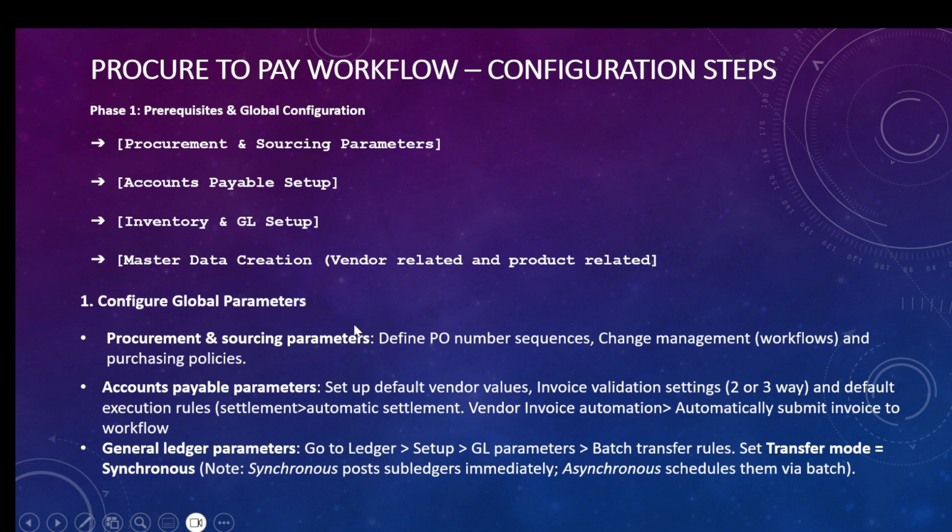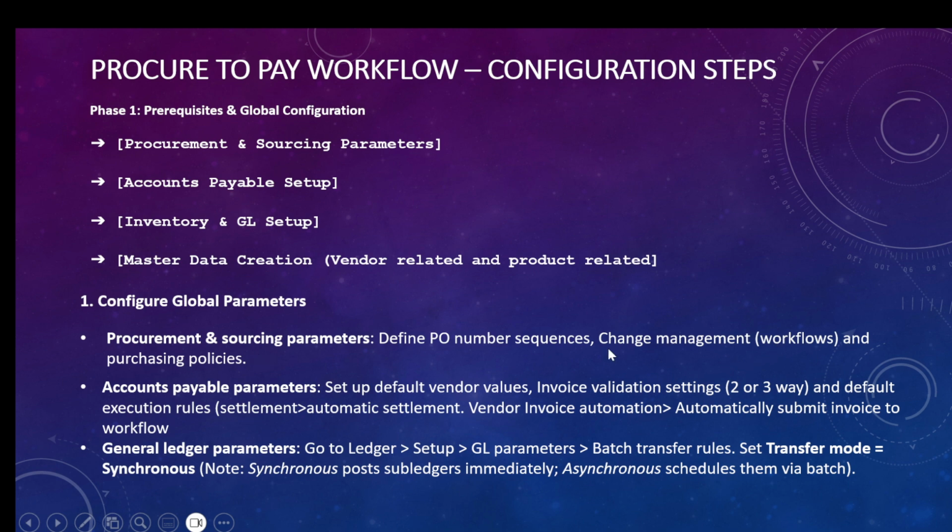Now, let's go to the first step, the global parameters. And the global parameters are actually the procurement and sourcing module. So let me start with the procurement sourcing module. In this, what we'll do is we'll define a PO number sequence and decide whether we want to introduce workflow and purchasing policies.